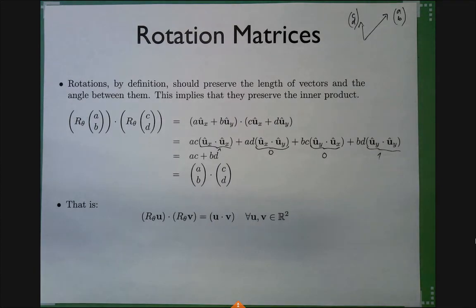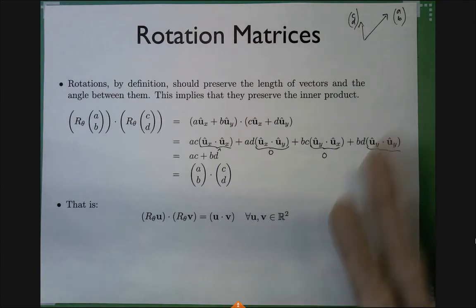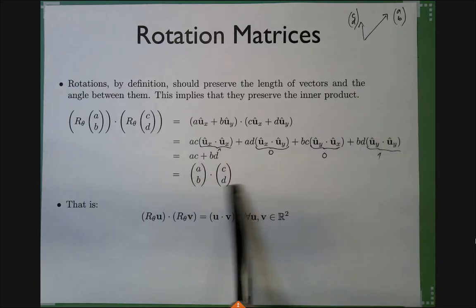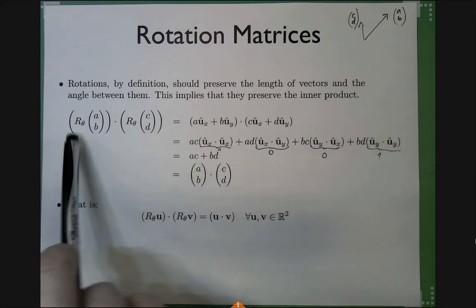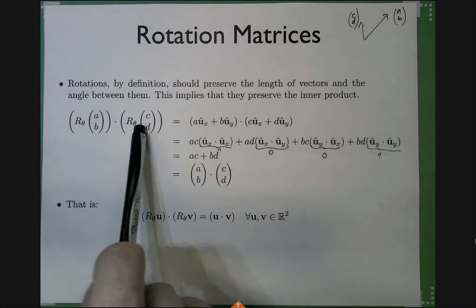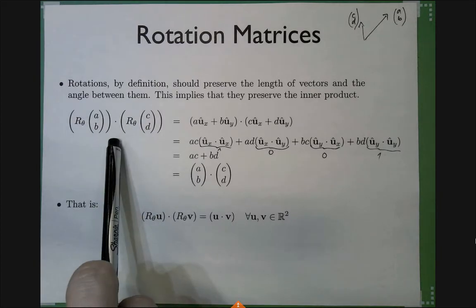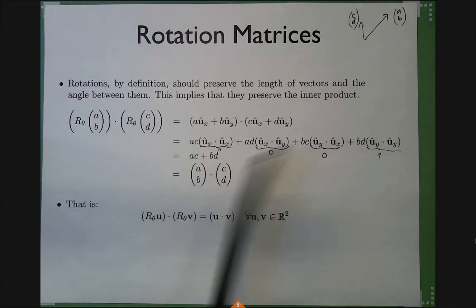All right. So let's take a step back and think, what does it mean? It means that it doesn't matter if I rotate the vectors by a rotation of theta, both rotated by the same rotation, and then take the dot product, or if I just take the dot product of the unrotated vectors.